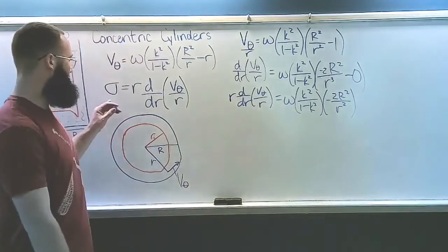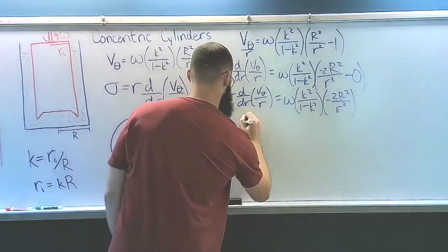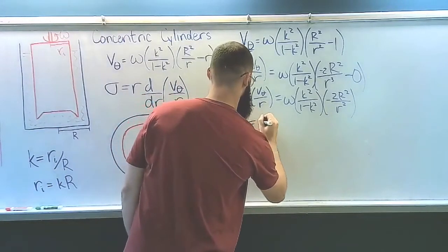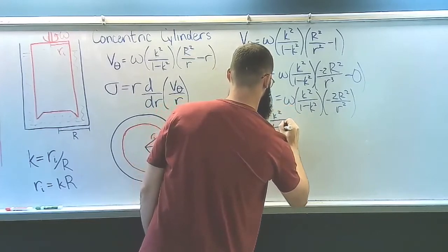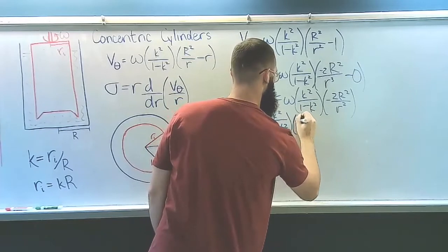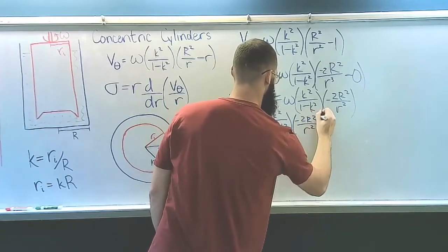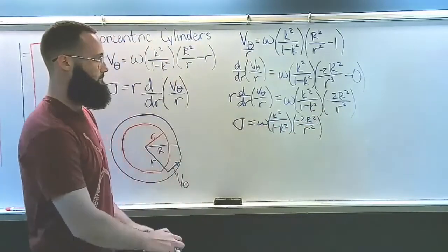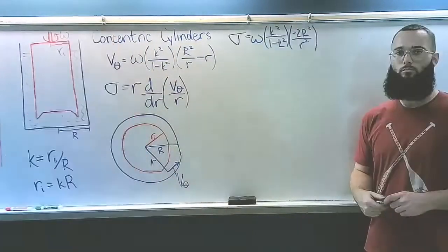Now what we want to do is plug in the shear rate for the left side of this equation. So the shear rate is equal to omega k squared over 1 minus k squared times negative 2 big R squared over little r squared. That'll be the equation that we'll use for our shear rate.